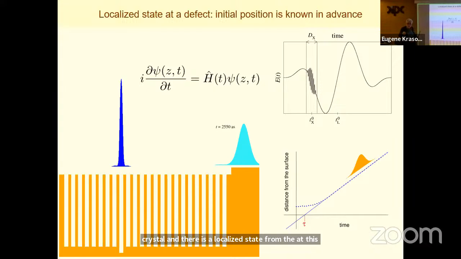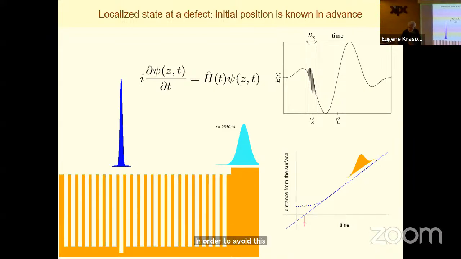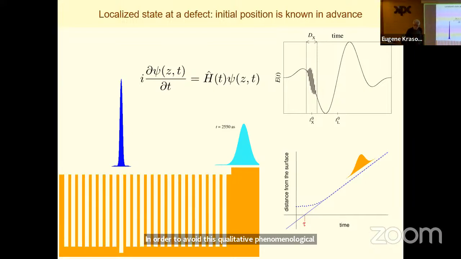We can consider the excitation of this localized state and how it propagates, and in vacuum it is exposed to the streaking field. We can also consider its equation of motion, and at the same time construct the streaking spectrogram. Why do we need the localized state? In order to avoid this qualitative phenomenological reasoning about the mean free path. Here we know where the electron originates because we have created the defect, and this makes things easier.